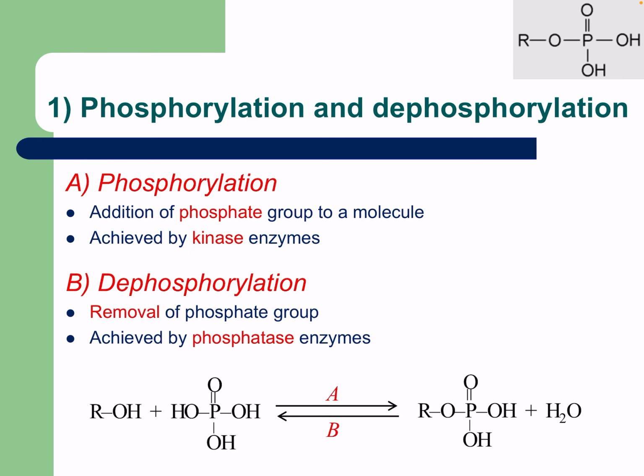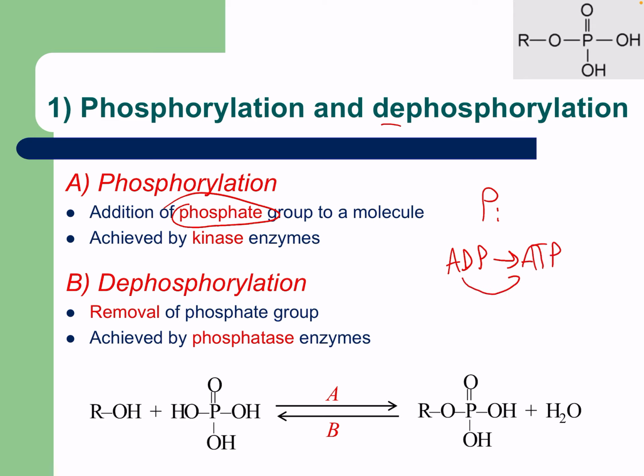So again, some of the stuff we mentioned before, but we'll go into a little more detail. First, we're going to look at phosphorylation and dephosphorylation. Phosphorylation is the addition of a phosphate group, usually presented as P or Pi, which is inorganic phosphate. One of the easiest examples is ADP to ATP.